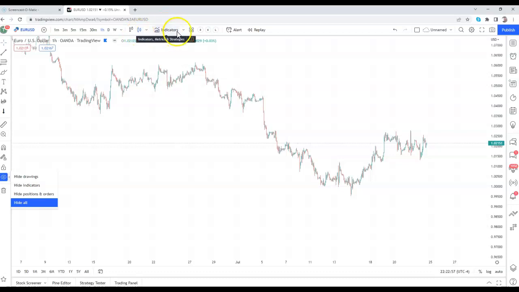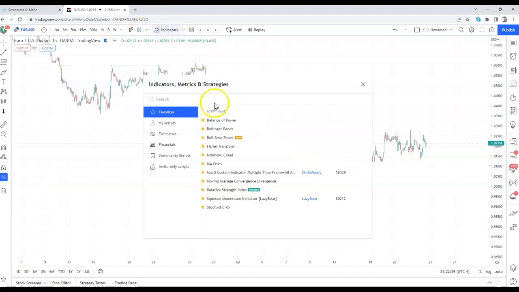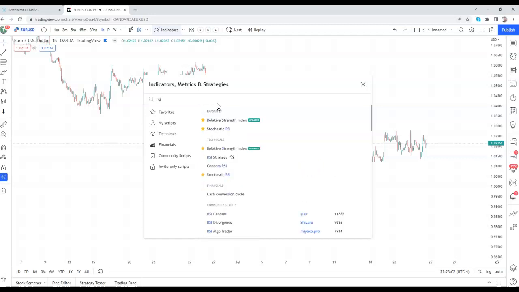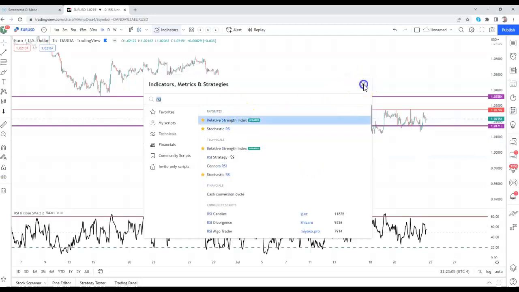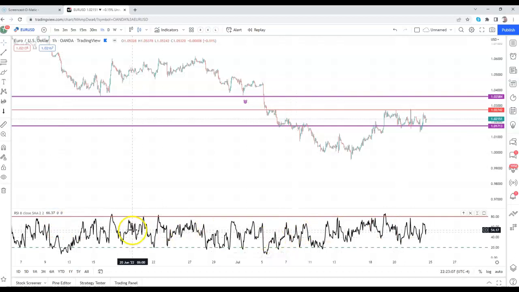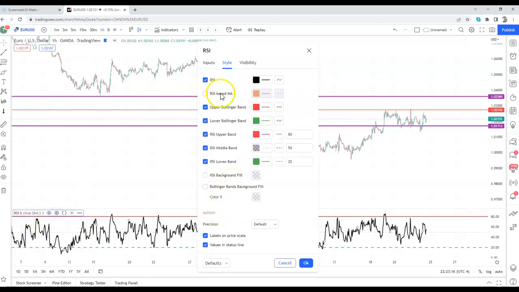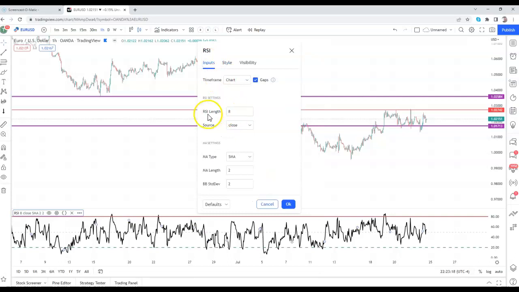Another thing is, say for indicators, we go over here, we want to add on the RSI. We click on indicators, type in the search RSI, boom, RSI is here. Now say, okay, this is the RSI I want, but instead of the RSI length being 8, I want it at 10. You can click on the settings, go to inputs, RSI length.